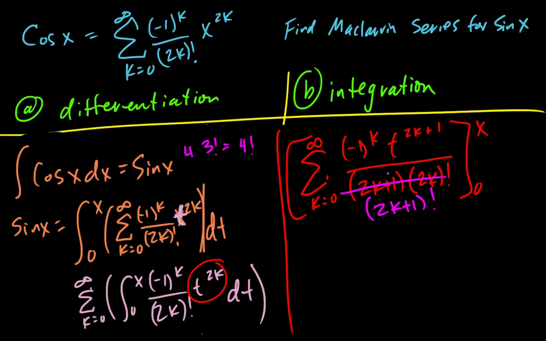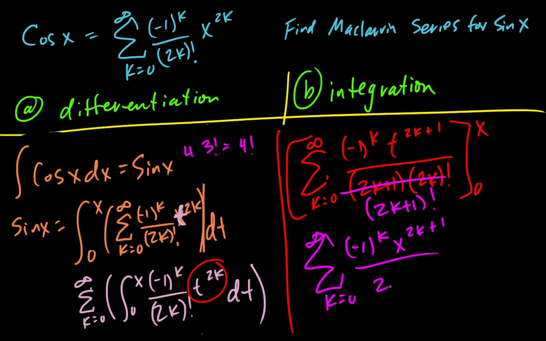So plugging in the 0 isn't going to actually do anything, and so we just need to plug in the x. And that is our Maclaurin series for sine of x.